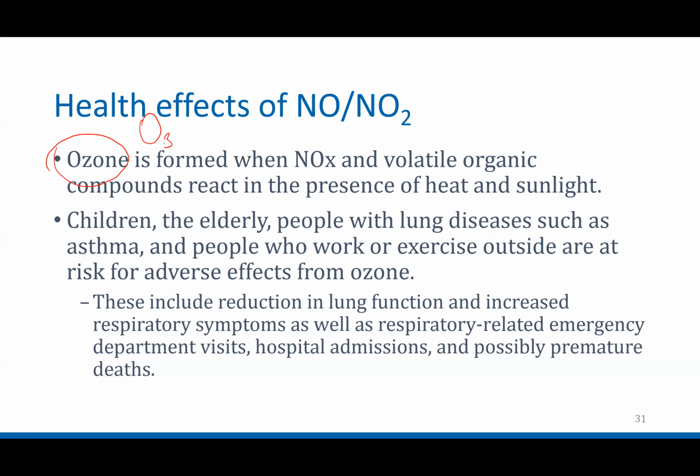And it's formed when nitrous oxides and volatile organic compounds in the presence of heat and sunlight get together. Ozone is also a toxic gas. It's obviously in the atmosphere. We have the ozone layer that has been protecting us for years against UV rays. But in high levels, ozone can be a toxic gas.